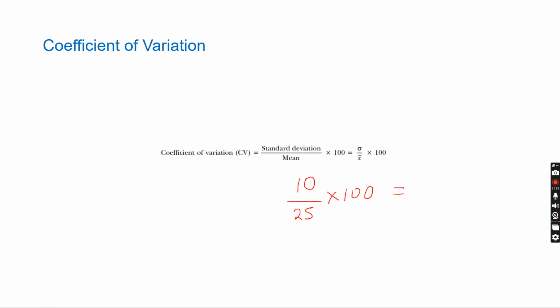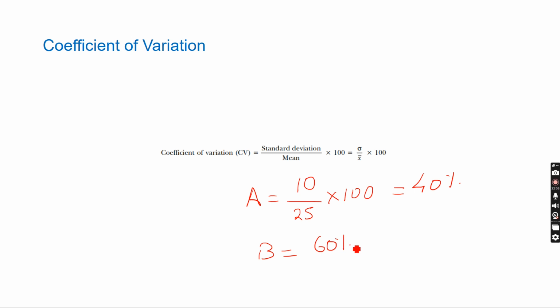So your value should come to 0.4 into 100, that is 40%. So for A, my coefficient of variation is 40%, and for B, my coefficient of variation is 60%.